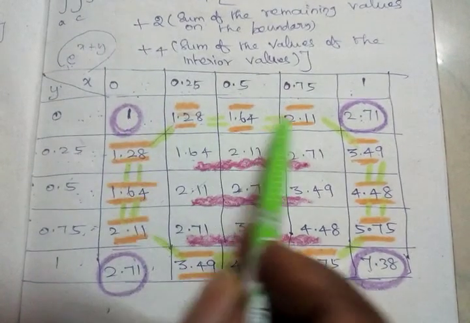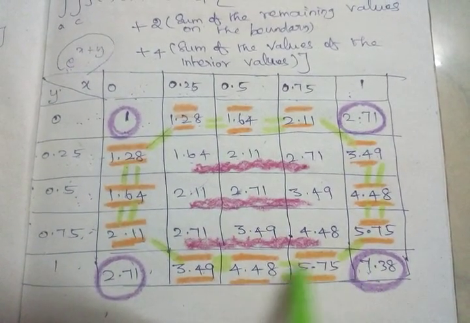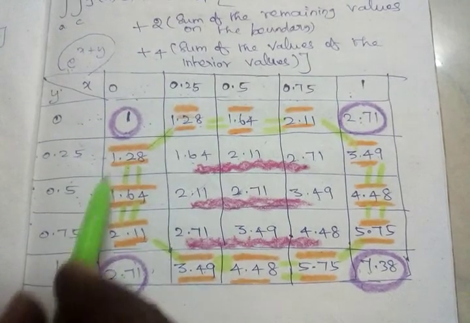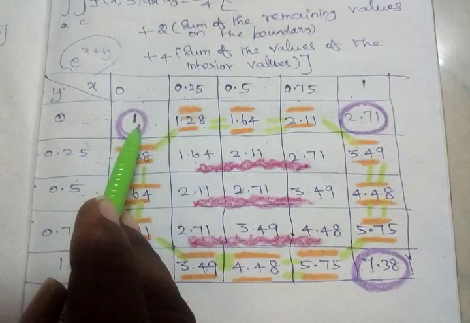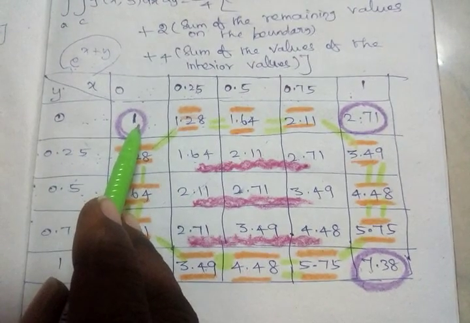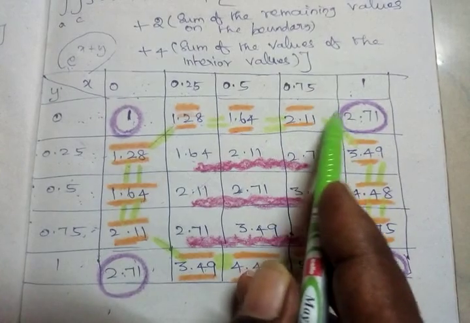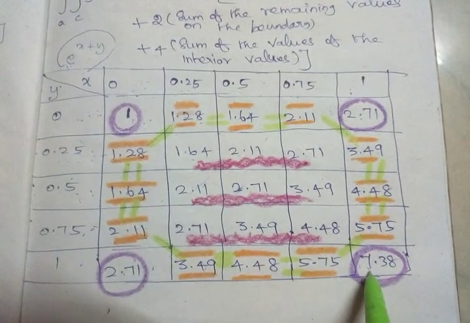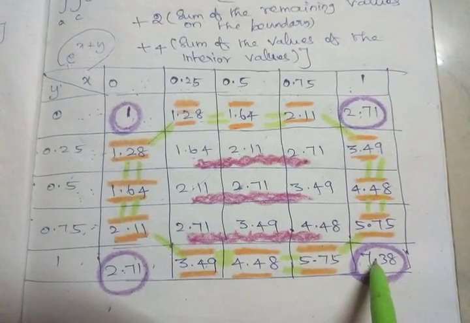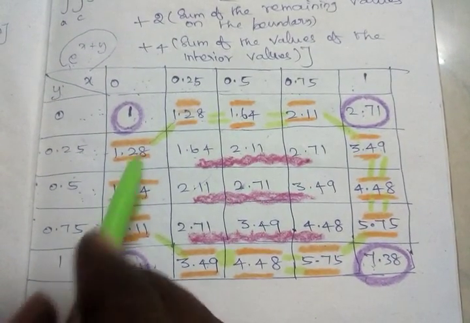So here I am going to take these. So the first row, last column, the last row, again first column. So I repeat. Which values are in boundaries? So first row, these 5 values, and last column these values, and the last row these values, and the first column these values.